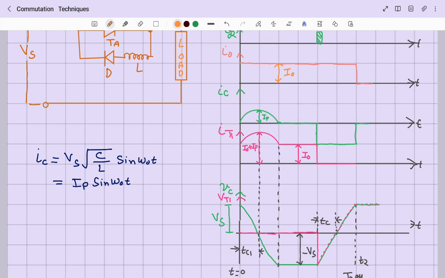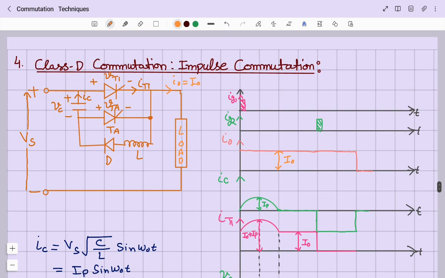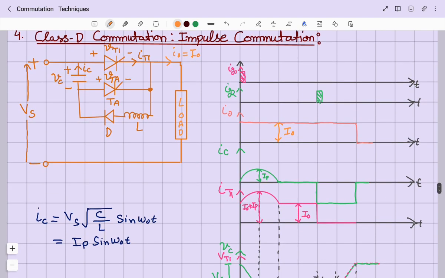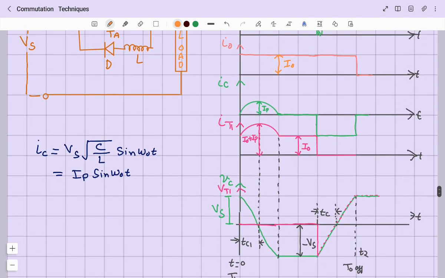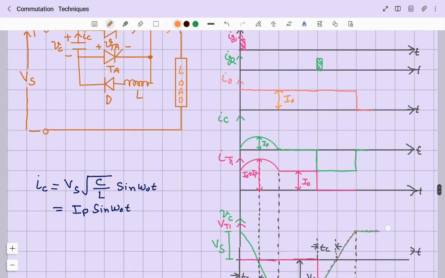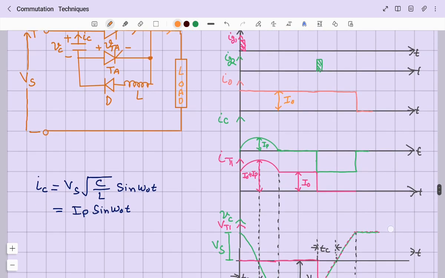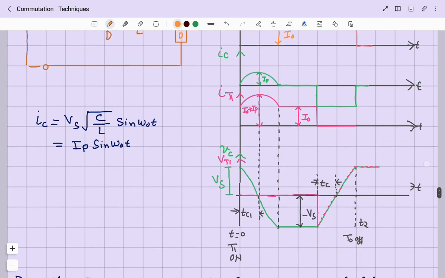At the end of period pi, the capacitor lower plate is positive, upper plate is negative. Now if you trigger the auxiliary thyristor TA, the entire negative voltage Vs is applied to thyristor T1, so it gets turned off and its current is shifted through capacitor C, then TA, then load.